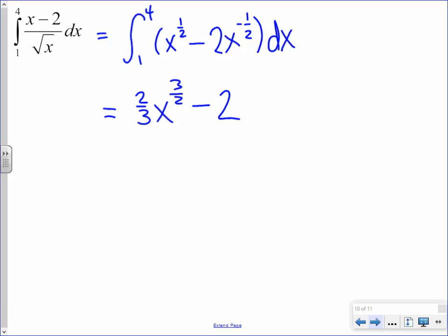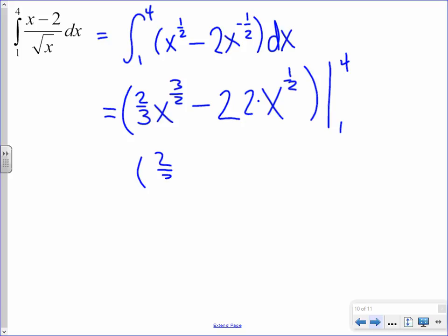Like if we had the antiderivative of x squared, the power would go to. Okay. So our power would be 1/2, and then we have to multiply by the reciprocal, right? We have to evaluate that from 1 to 4. So I'm going to rewrite this to make it look nicer. We have 2/3 x to the 3/2 minus 4x to the 1/2 evaluated from 1 to 4.